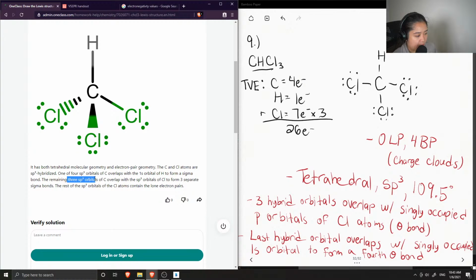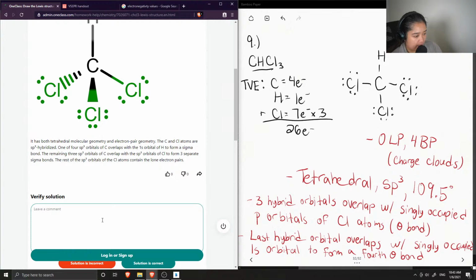The remaining sp3 orbitals of carbon overlap with the sp3 orbitals of chlorine to form 3 separate sigma bonds. The rest of the sp3 orbitals of the chlorine atoms contain the lone electron pairs. Yep, so this solution is correct.